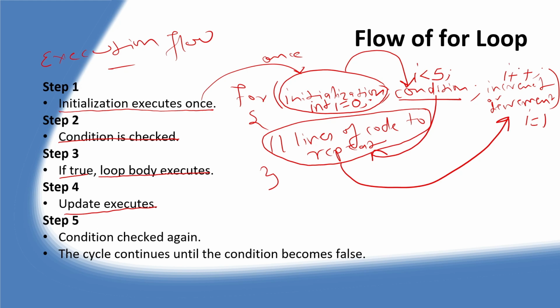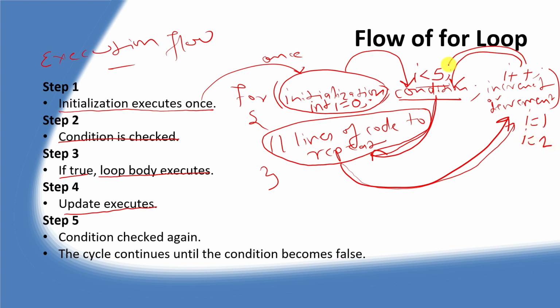Then after the increment, it will check the condition again, whether i is less than 5. If the condition is satisfied, it will execute the body again, and after that go for the increment again and increase the value to i equals 2.